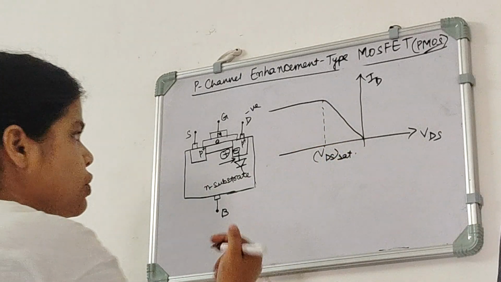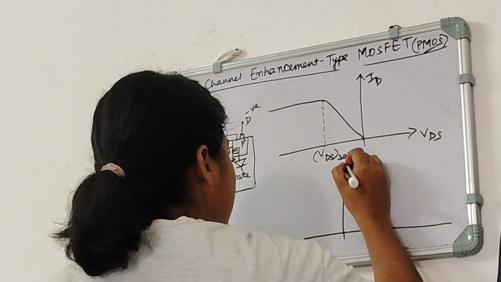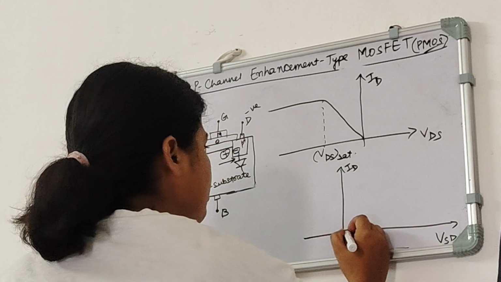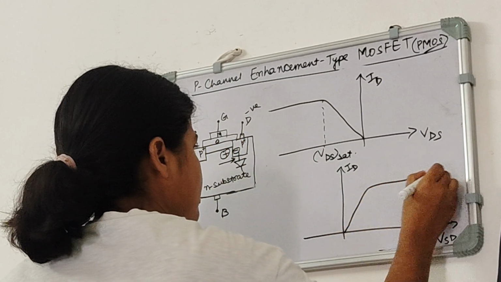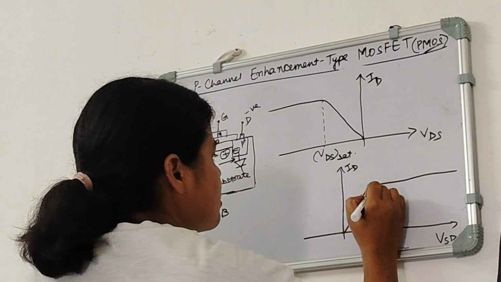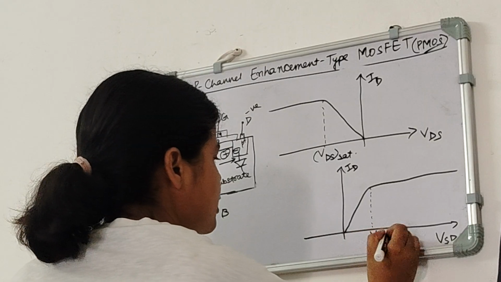If we draw the curve for ID versus VSD, we will get this, and this is our VSD sat.